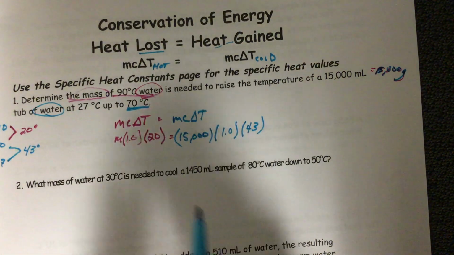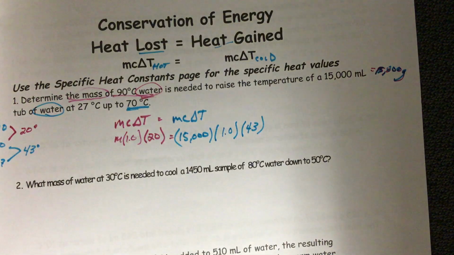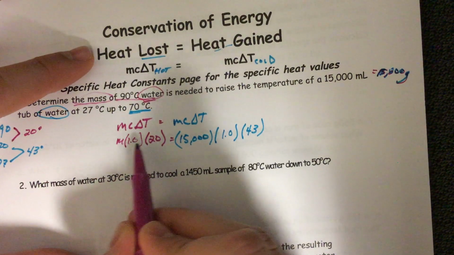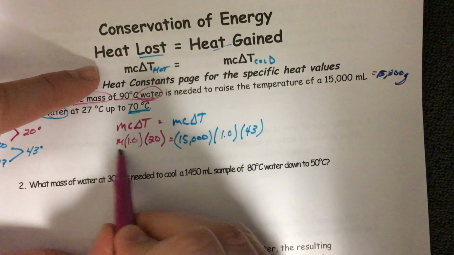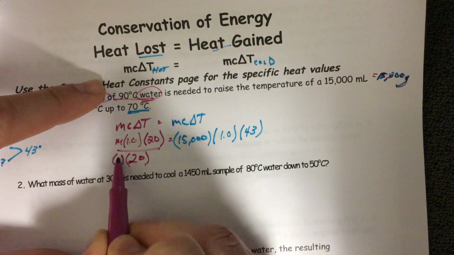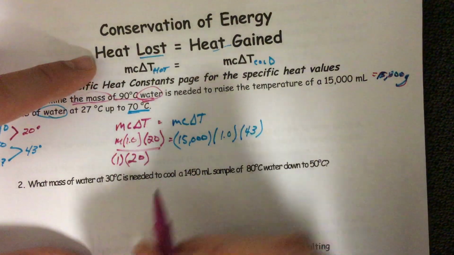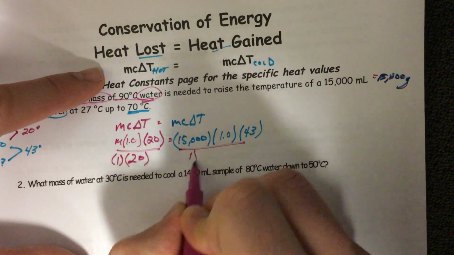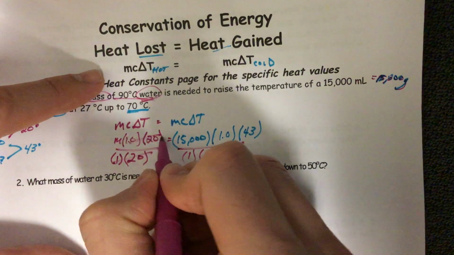All right, so this is where we get back to rearranging an equation. We need to know how to rearrange an equation in order to solve for this. Because we're multiplying our mass by our C and ΔT value, we're going to do the opposite function. For multiplying, the opposite function is dividing. So we can divide by 1 and 20, though we don't really need to worry about the 1 because multiplying anything by 1 is that same value. We do that on both sides, and these cancel out.